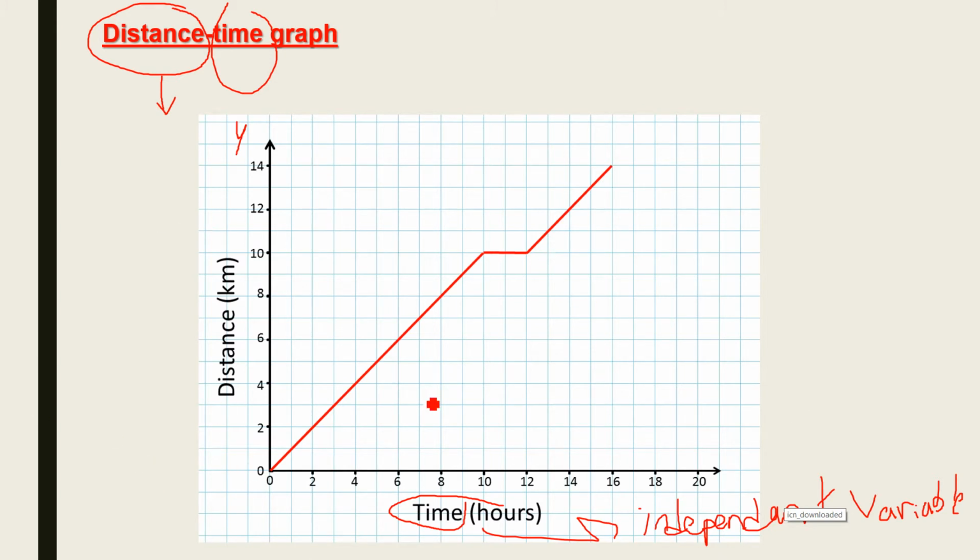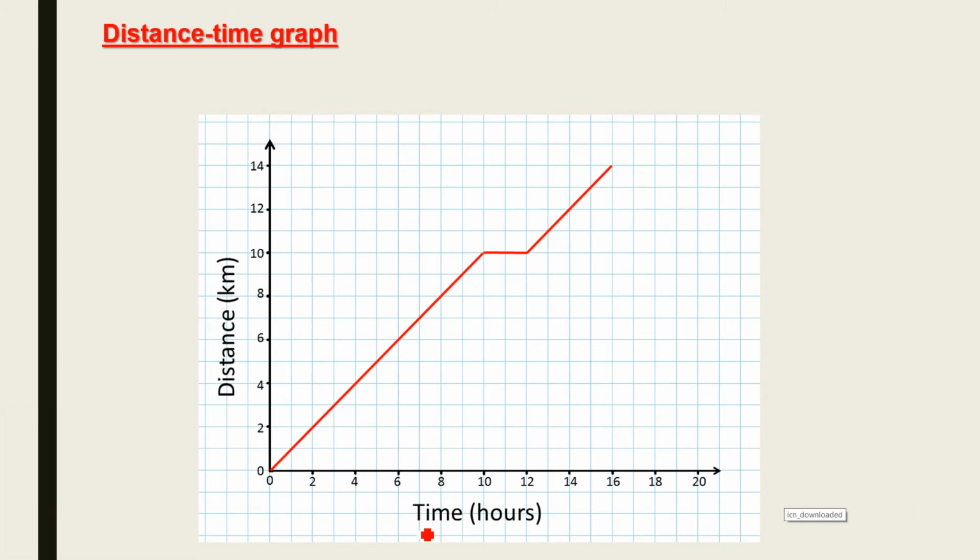That's why, always, when you have time as a quantity, it will be plotted on the x-axis, because on the x-axis we put the independent variable, and on the y-axis we put the dependent variable. So the distance depends on time, but time doesn't depend on anything.